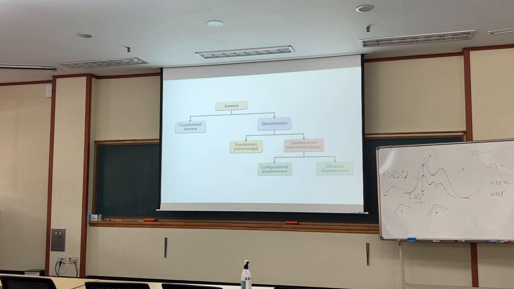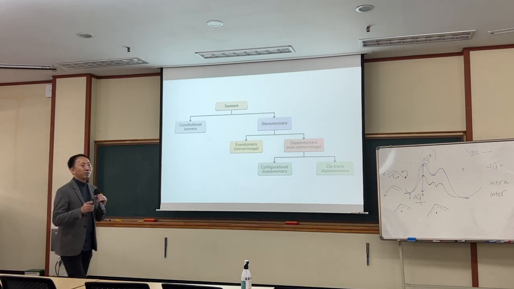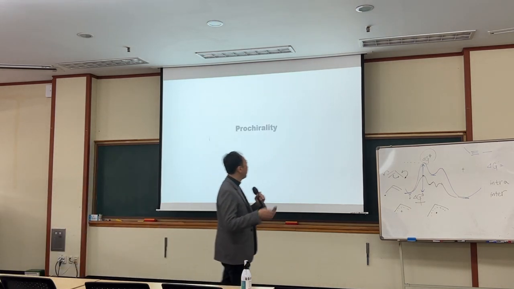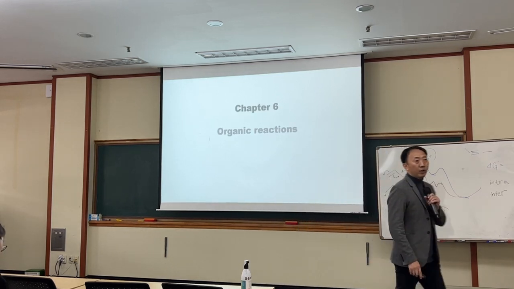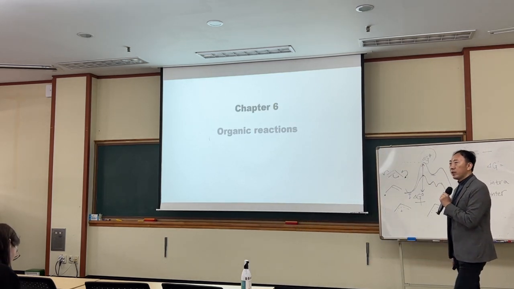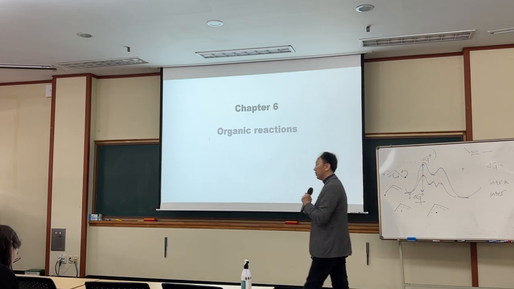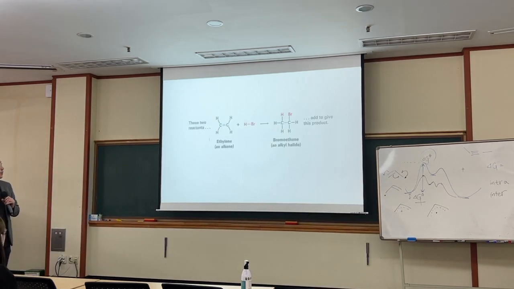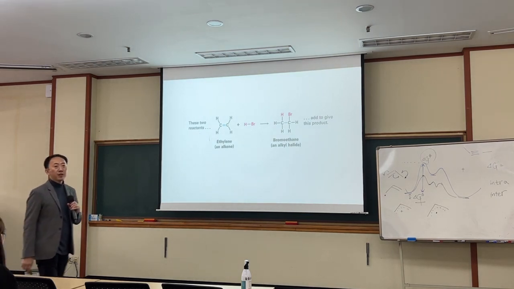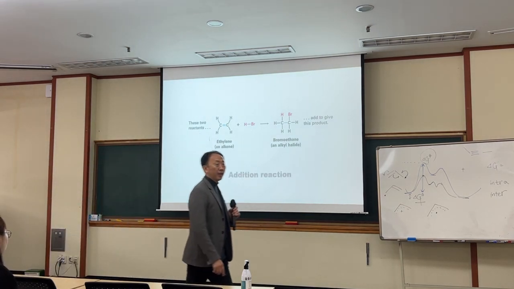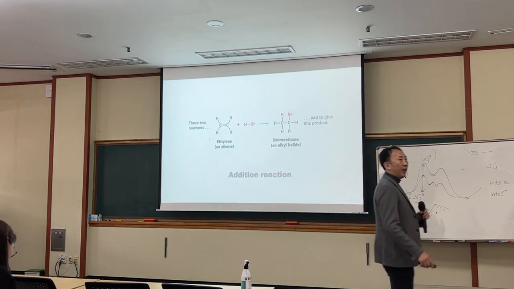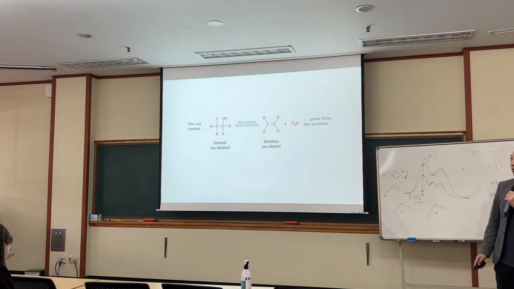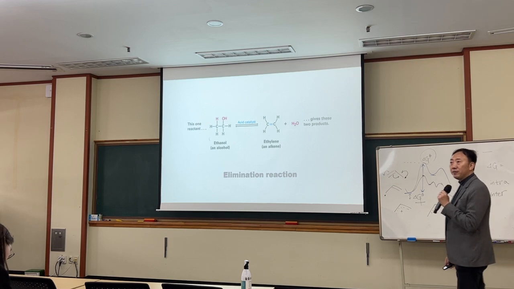Any questions about stereochemistry? Okay, now organic reactions. We just learned about these on Tuesday. There are four different types of organic reactions. Addition reaction, adding something, and the reverse reaction of this is elimination reaction.